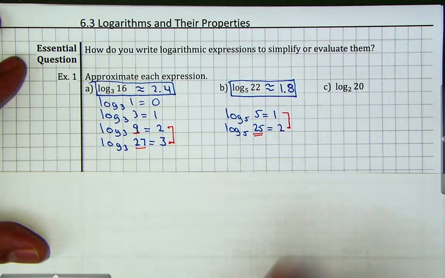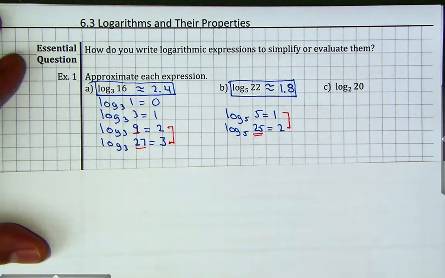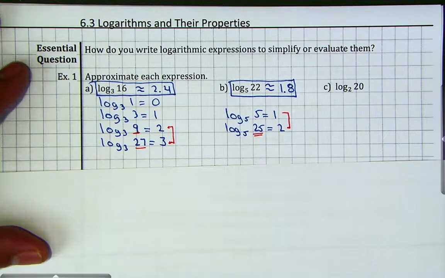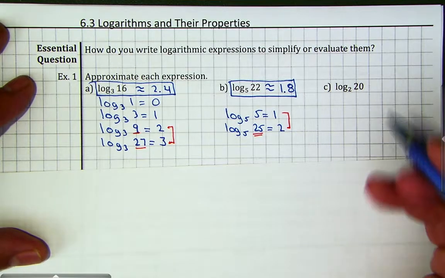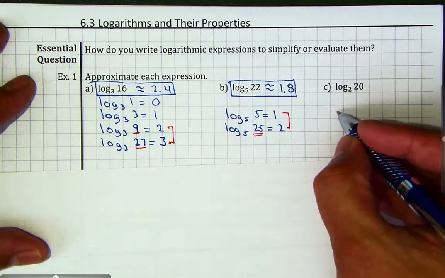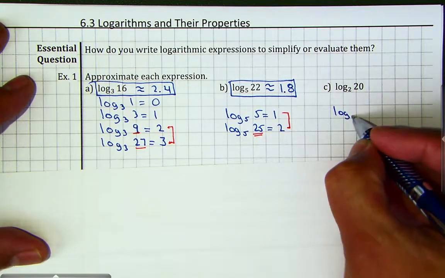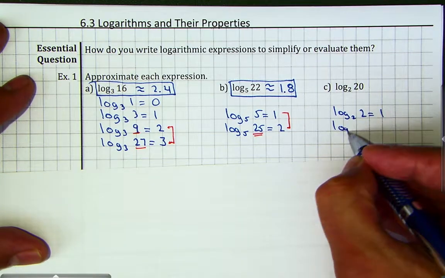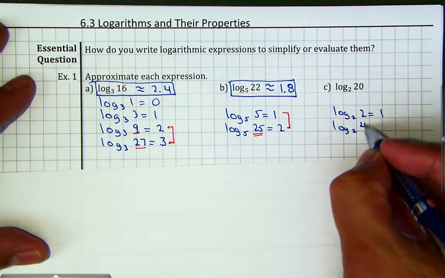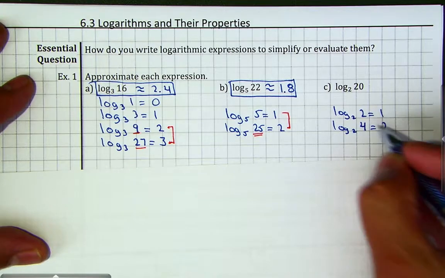How about for the next one? Try the next one, see what you get, and then we can compare our answers. So notice that the base is 2. You got it? So in this case, I know that the log base 2 of 2 is 1. The log base 2 of 4 is 2. What should be the next number?